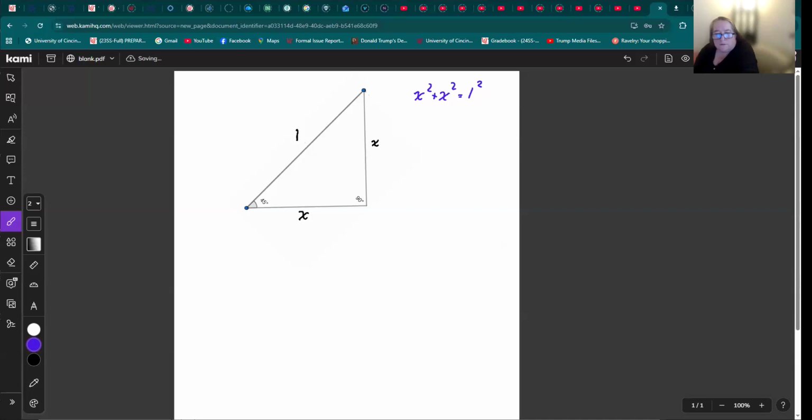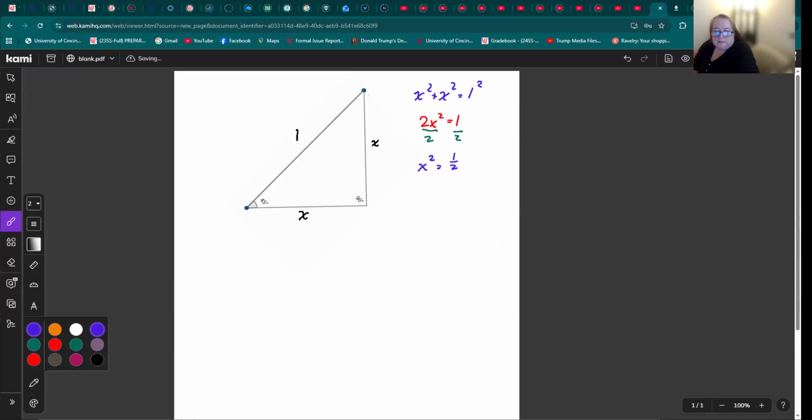So looking at this, I have 2x squared equals 1. Divide both sides by 2. I get x squared equals 1/2.